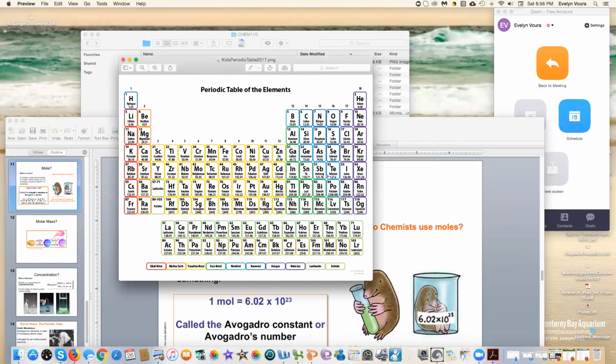So I can't remember the molecular weight of water in my head right now, so oxygen is 16, so 16, 17, 18. So if you weighed out 18 grams of pure water, you would have exactly 6.02 times 10 to the 23 molecules of water. All right, so we're going to do some of that later on in the semester.